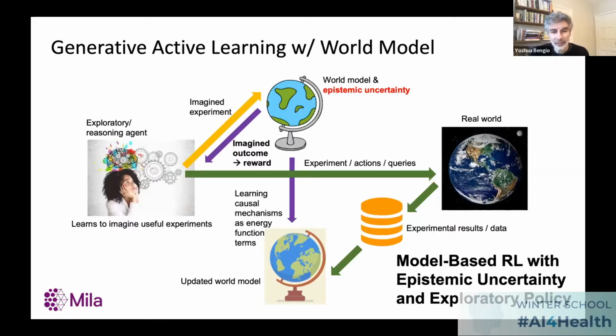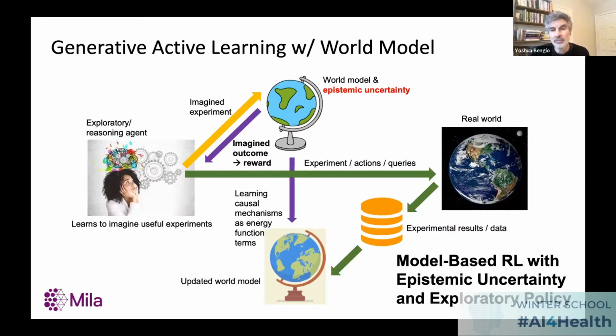And then on the left, the thing that I want to focus on is this reasoning exploratory agent that's going to imagine experiments. Now, there's the question of how we're going to train that guy. It's trained to produce things that are interesting. So we need a kind of measure of interestingness, and we need that measure to be computed quickly.